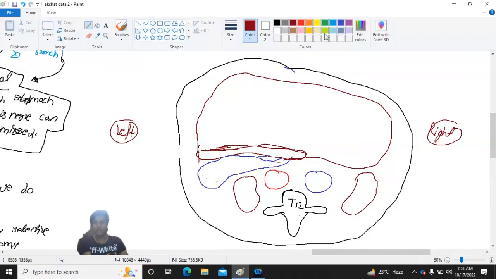Done. And here is our most important organ, the stomach. This is the region where the stomach is present.